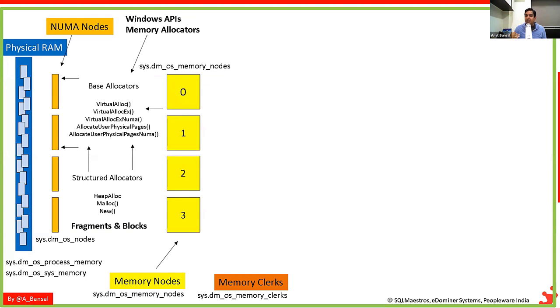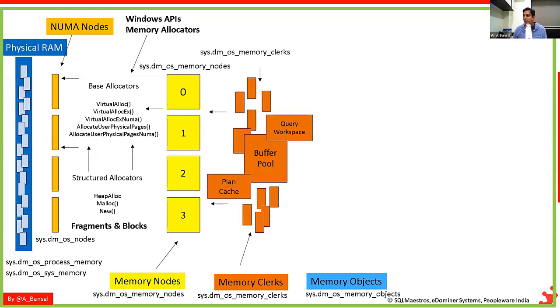And at the next layer, you have memory clerks. And at the bottommost layer, you have memory objects. You can track all the clerks using sys.dm_os_memory_clerks and all the objects using sys.dm_os_memory_objects. Let's talk about the clerks. Clerks by far are the most important piece of information in this entire diagram as far as I'm concerned, because I use sys.dm_os_memory_clerks so often to track memory consumption.